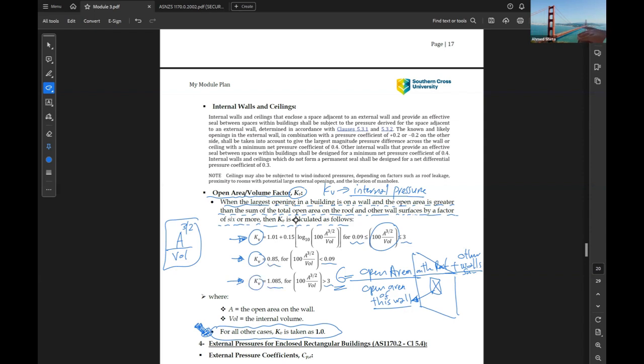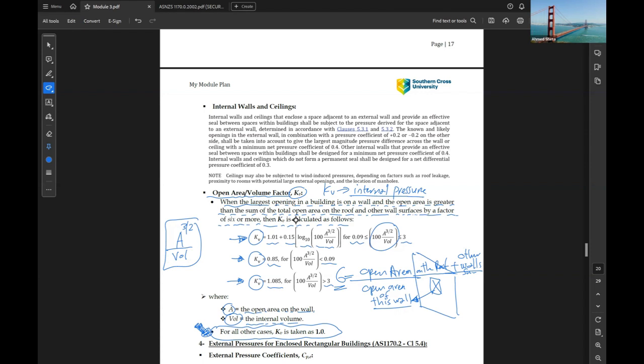So KV can be 0.85 or 1.085 or 1.01 plus 0.15 log 10 of 100 A to the power 3 over 2 divided by the volume, where A is the open area on the designed wall, and volume is the internal volume of the enclosed building.